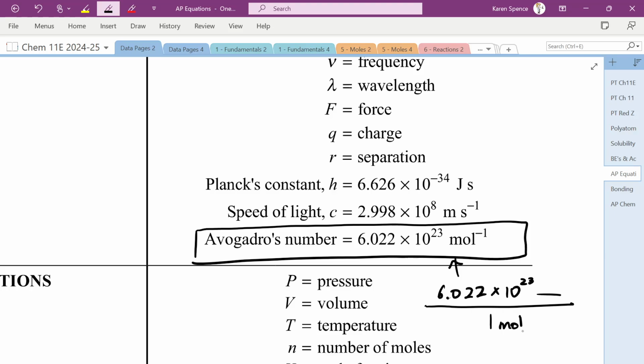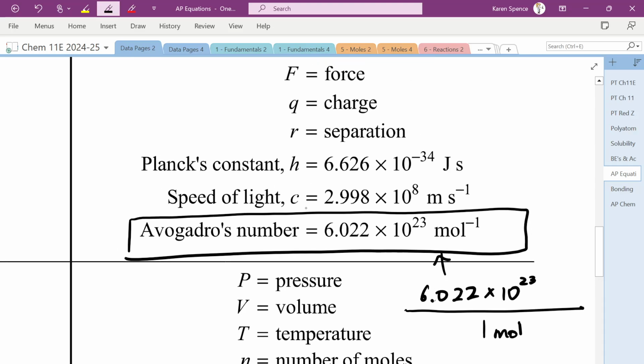So if you ever see a unit to the -1, just make it +1 and put it in the denominator. Exactly. So speed of light equals meters seconds -1, that's going to be meters per second. So basically, anytime you see this -1, it just means that unit goes in the denominator.